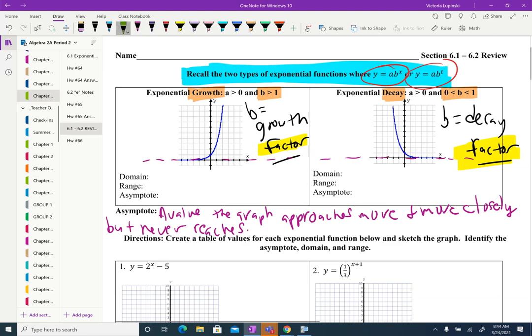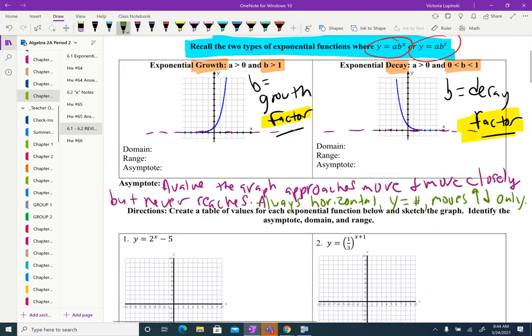In terms of exponential, the asymptote is always horizontal. If it's horizontal, it's always going to be y equals a number, and it moves up or down only. So again, let me just give you a second to write that down.